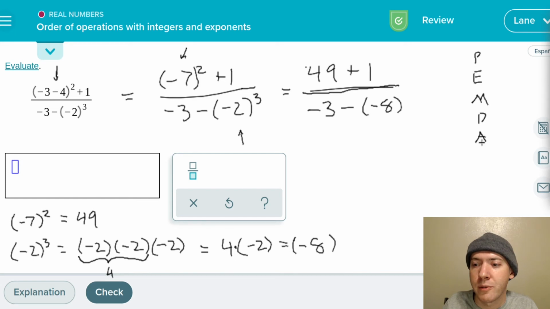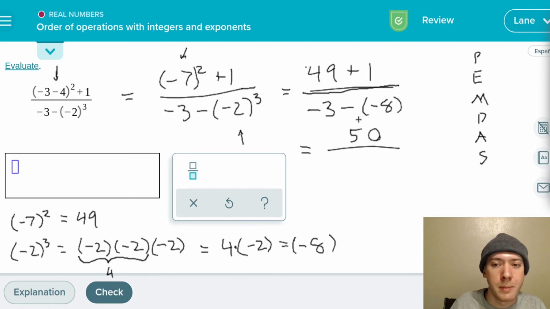So let's look for addition or subtraction. In the top, 49 plus 1 is 50, right? That's easy. Now in the bottom, what is -3 minus -8? I want you to look right here at these double negative signs and this parenthesis right here.